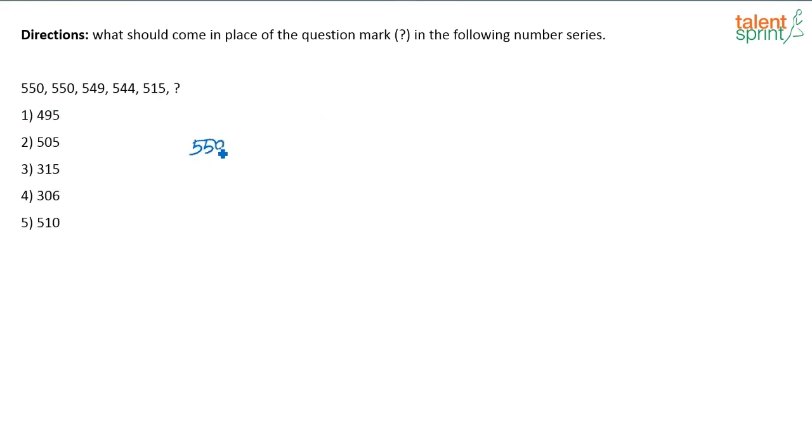So next is 550, 550, 549, 544, 515, and what will come next? That is what is asked. So here the logic that is followed is 550 plus 1 minus 1, that is 550.